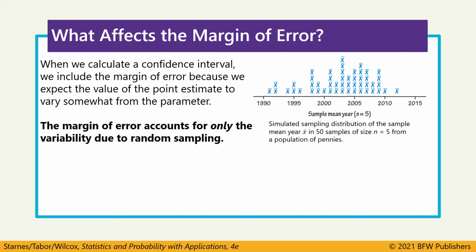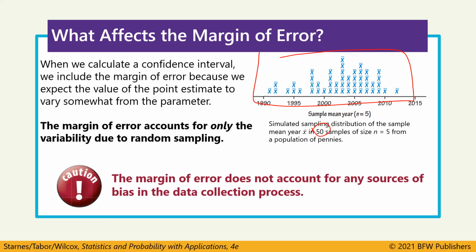If we take a different sample, we're going to get a different result every time, as indicated by this graph, and all the different x-bars we get when we take a sample of 50 pennies and average their years. Now, there are other sources of variation that confidence intervals don't account for, such as biases. If we have any kind of bias in our sample collection, such as voluntary response bias, selection bias, etc., our confidence interval won't necessarily be correct.